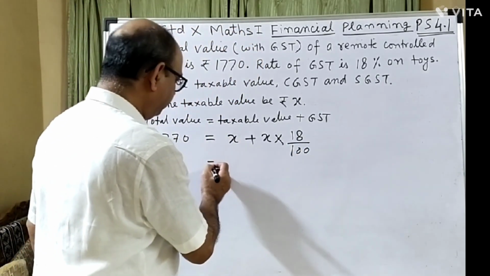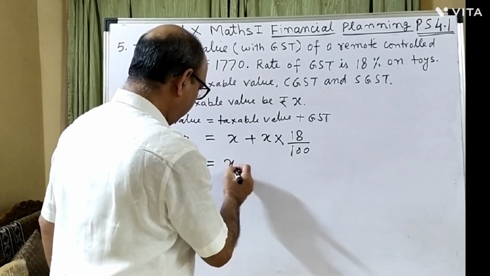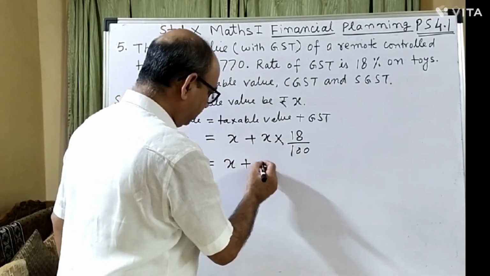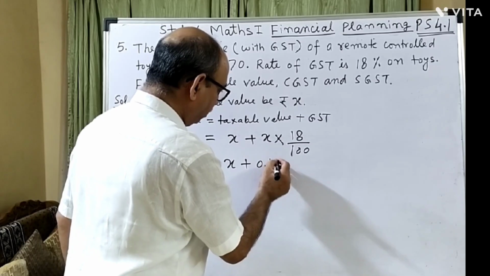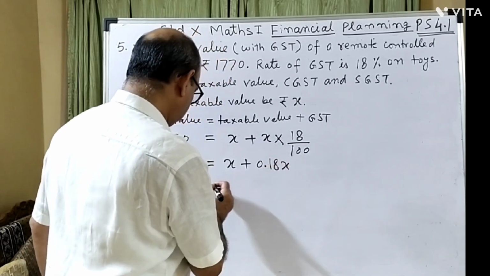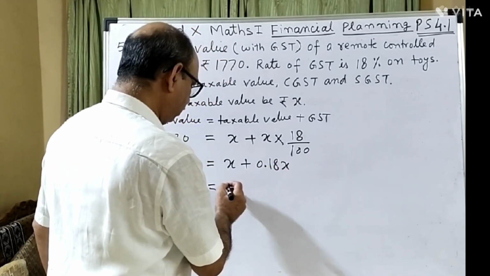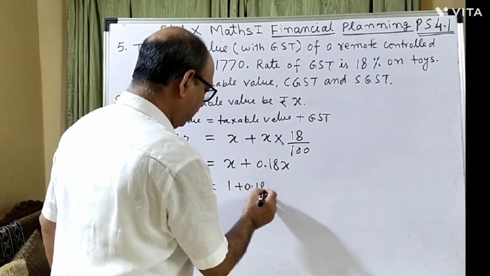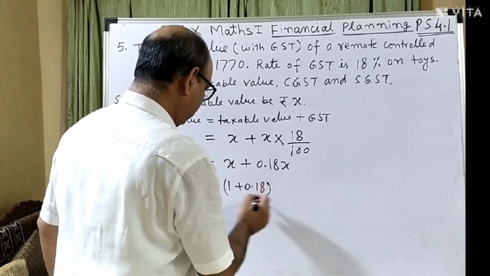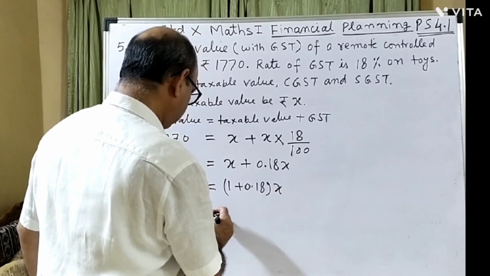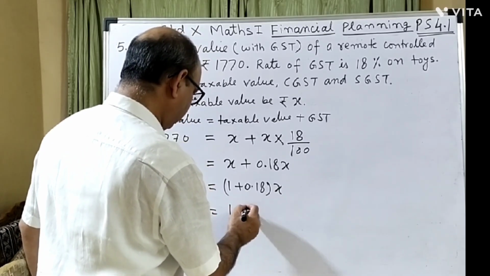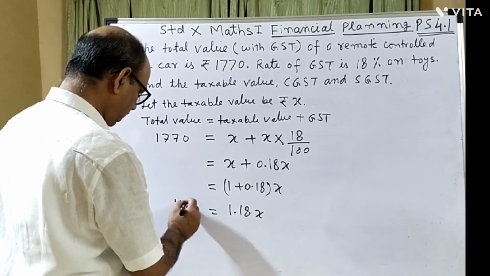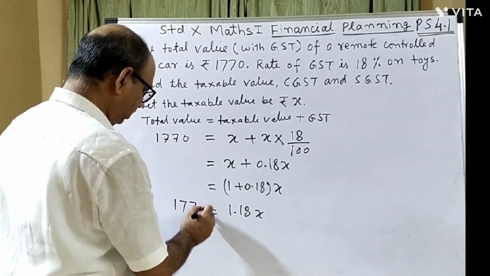This is equal to X plus 0.18 X. This is equal to 1 plus 0.18 X, or it is equal to 1.18 X, which equals 1770.